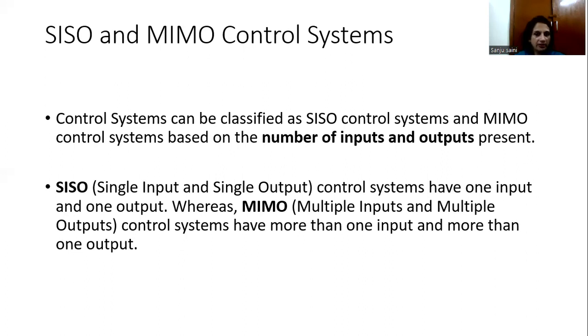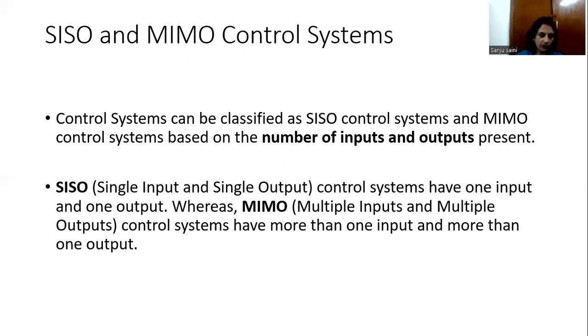It might be the case that we are controlling the temperature, the humidity, and the pressure at the same time. And for the control of all these three quantities, we may not be using a single input, we may be using two or three inputs. So such a system in which we are using multiple inputs and multiple outputs, these are termed as MIMO control systems.